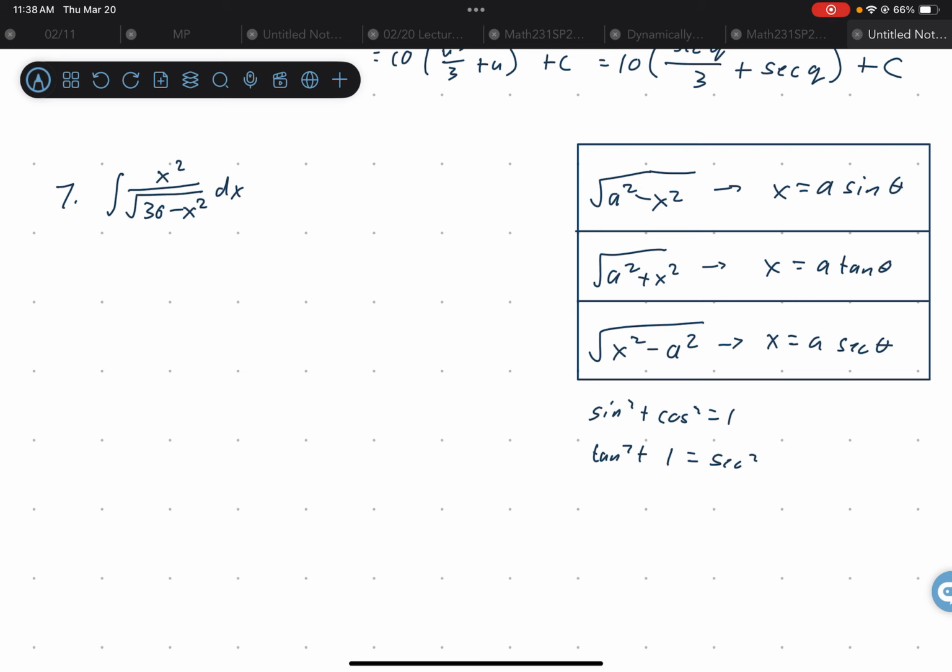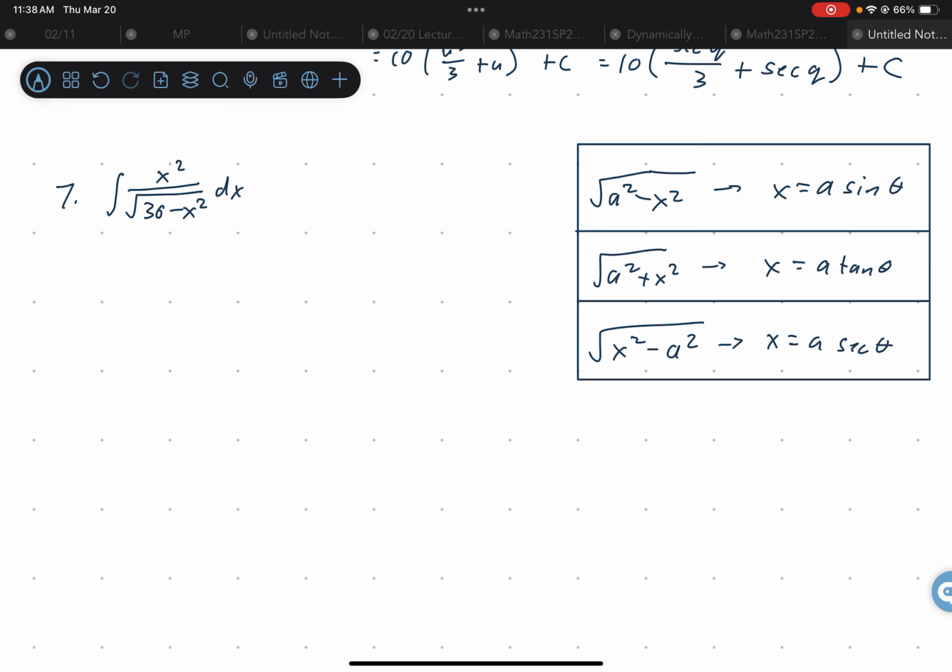Just know that is where they come from. Just like how the integration by parts formula comes from the chain rule, this trig sub will come from the trigonometric identities. But just for now, we're going to practice identifying our a and identifying what we're going to sub in for x.